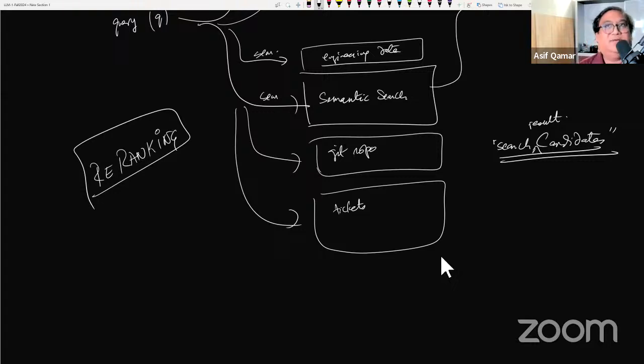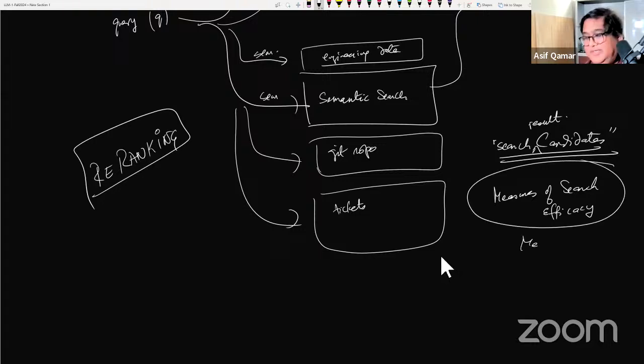For classifiers, again, you have accuracy, precision, recall, F1 score, area under the ROC curve, and so on. If we are doing search, today we'll discuss measures of search efficacy. How effective is your search, or what are the metrics? People often abbreviate it to say search metrics. What are the search metrics?